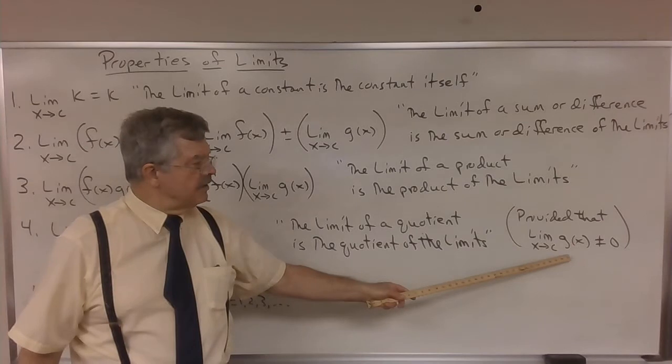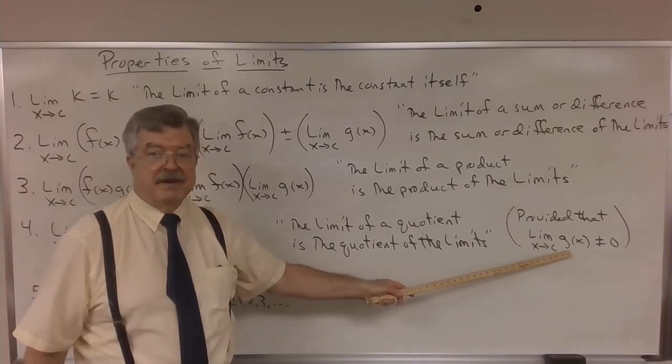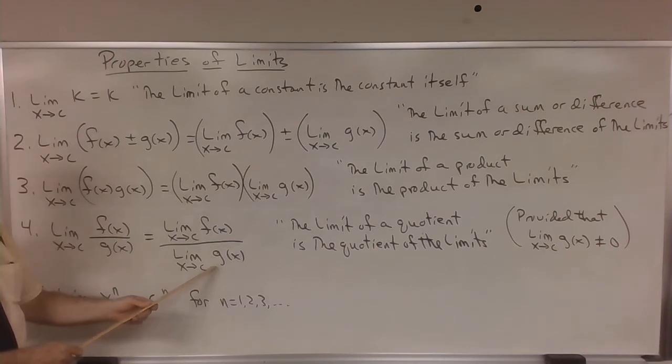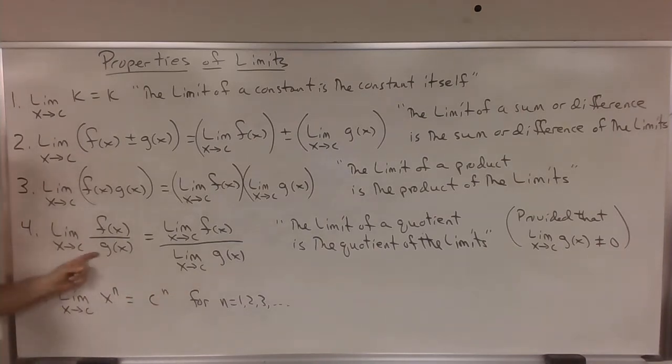This only works if the limit of the denominator is not 0. But what this means is, if the limit of the denominator is not 0, we can compute the limit of a quotient by computing the limit of the numerator, the limit of the denominator, and then computing that quotient.